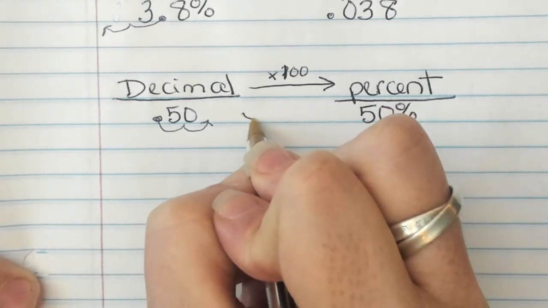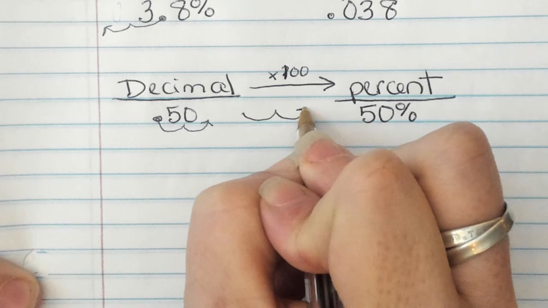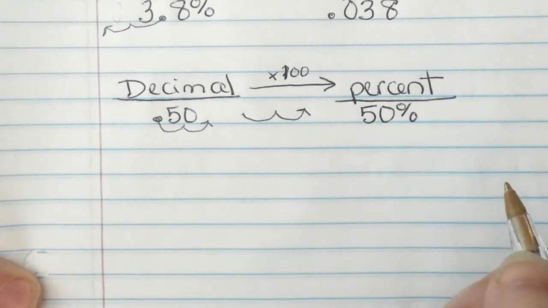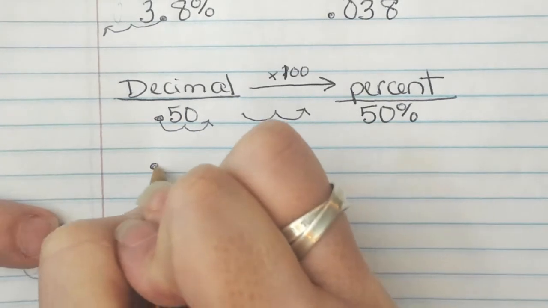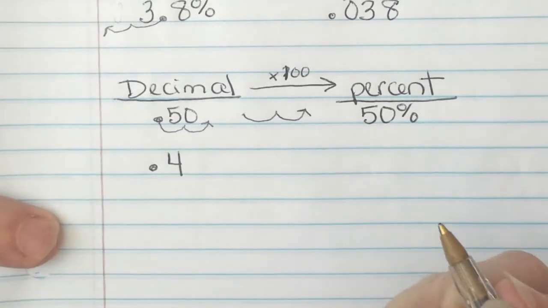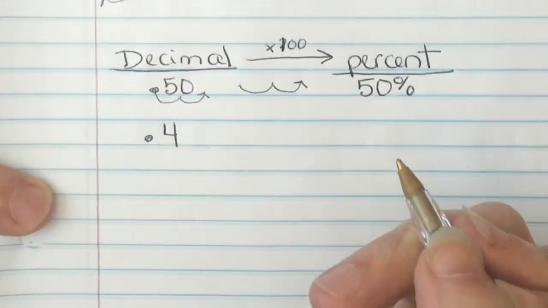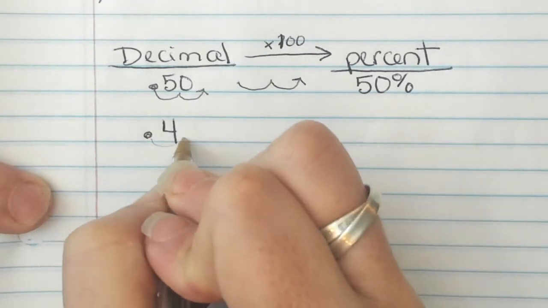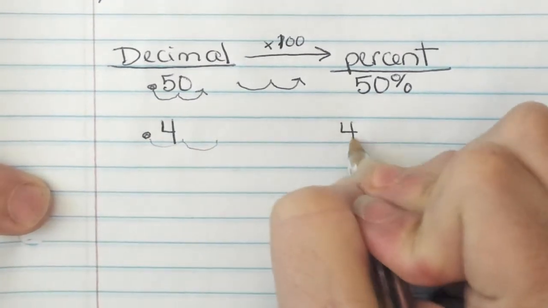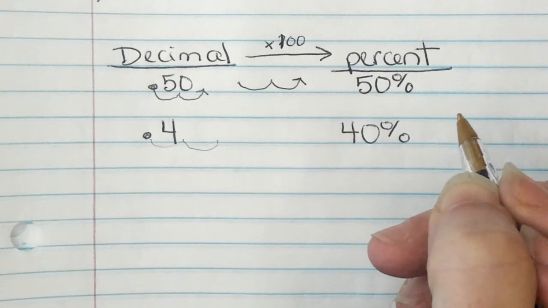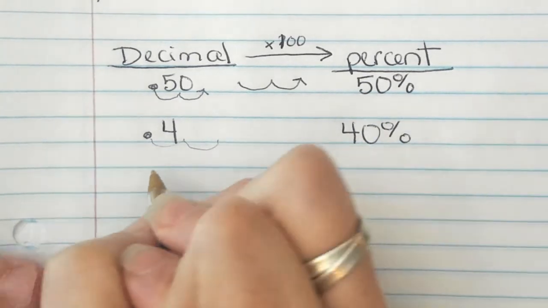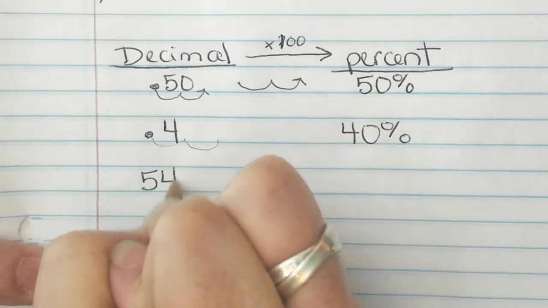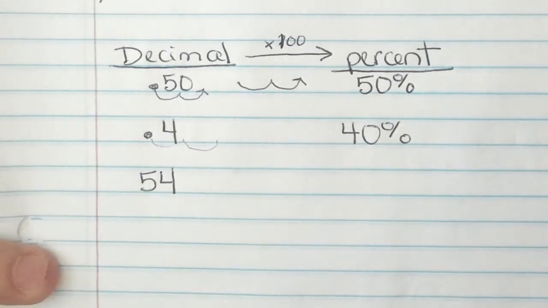So to go from decimal to percent, it is twice to the right. So, let's say you have 0.4. Okay, now make sure you bounce it twice. 40%. Okay, another one. Here's a weird one. Let's say you have just the number 54, like a whole number.